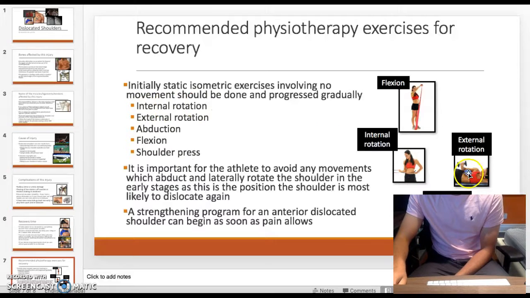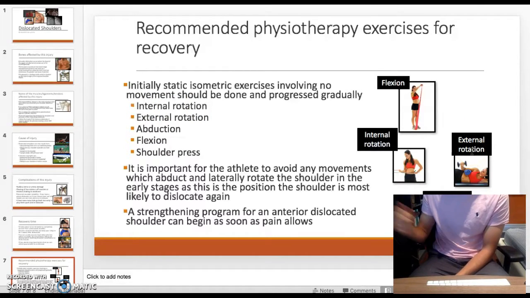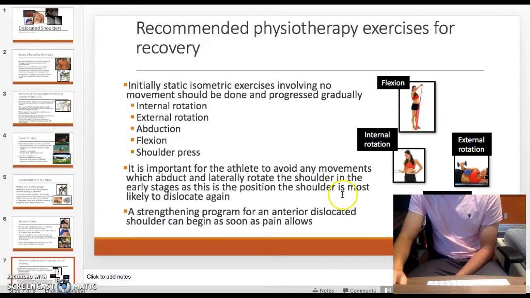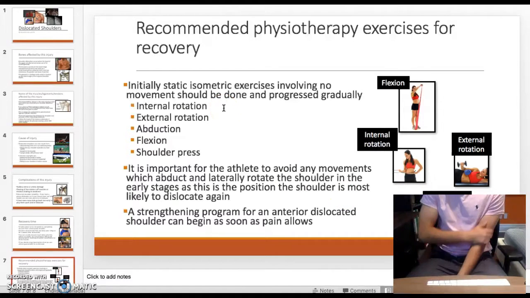Some examples are external rotation, where she's moving out, internal in, flexion up and away.